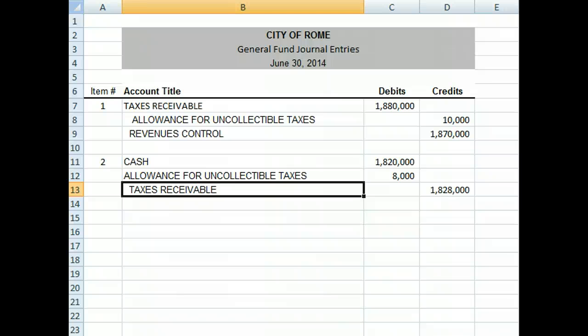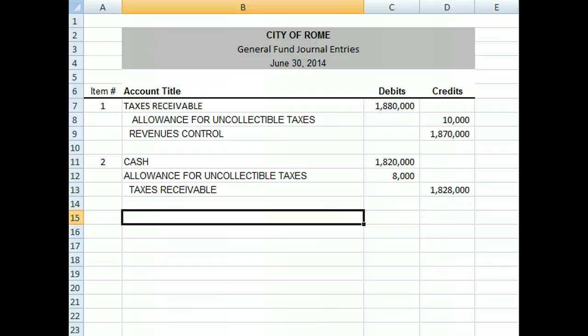If we move down and look at accounts payable, think about what normally causes you to have a credit in accounts payable. Normally, for accounts payable to be credited, you've incurred expenses, or in governmental accounting, expenditures. So we're going to debit our expenditures control account.